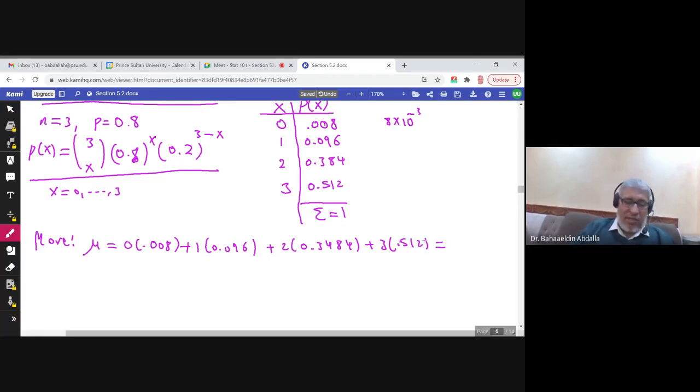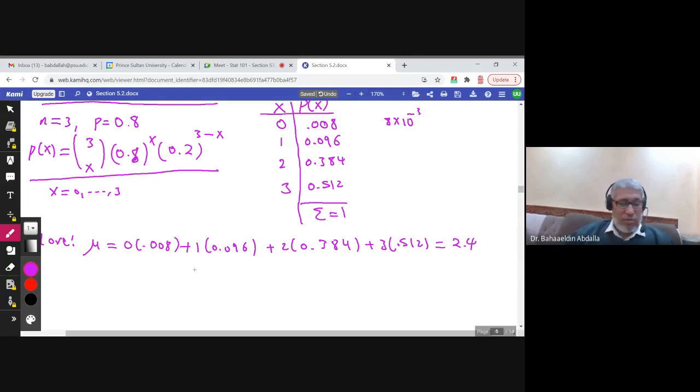Put it in the calculator and find the answer. This will give you the mean or the expected value of this random variable. 2 times 0.384 is 0.768, and 3 times 0.512, the answer is 2.4.